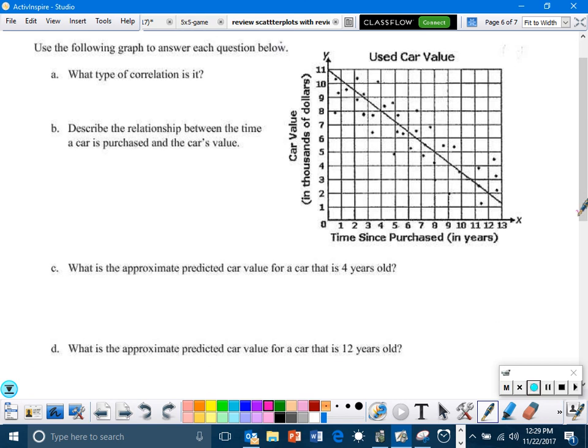Use the following graph to answer the questions below. What type of correlation is it? Well, the dots are going down, so it is negative. Describe the relationship. The bottom is time since purchase in years, and this is dealing with used car values, and on the side it is the value of the car.